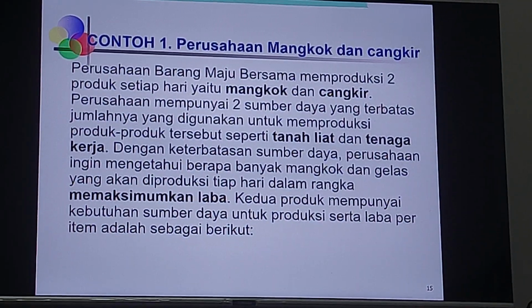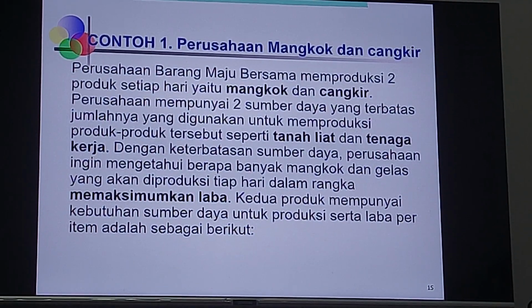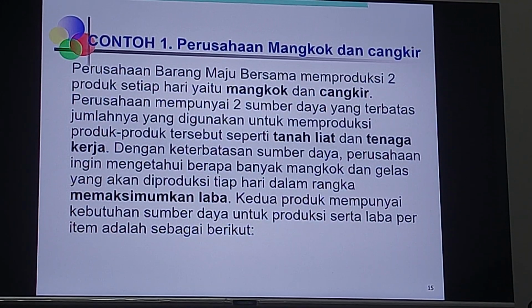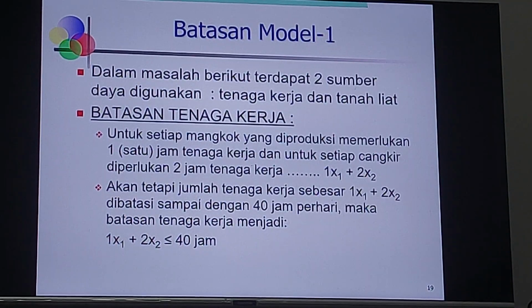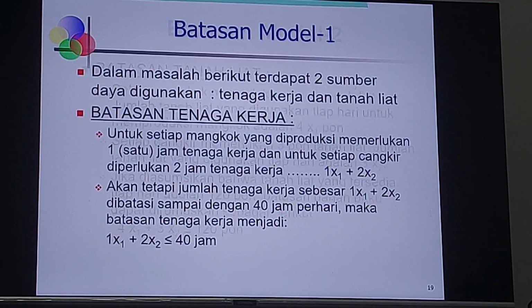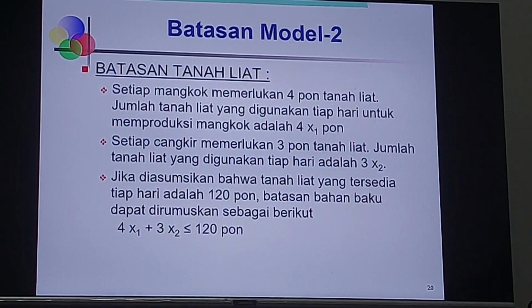You can make 0 cups and 100 bowls. It's fine. There's no limitation. But the resources definitely are clay and worker. So the constraints are worker and raw material, or the clay.